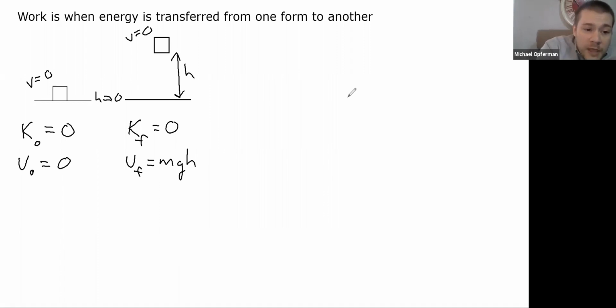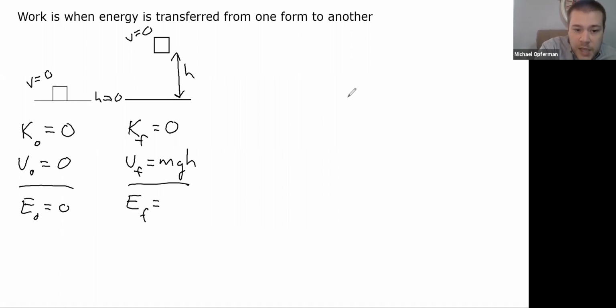Now, if we take the total energy in the initial state, you can see that it's 0 plus 0. If we take the total energy in the final state, we've got 0 plus mgh, which is mgh. Now you notice you have a little bit of a problem here. Energy is not conserved in this process, or at least energy does not appear to be conserved.